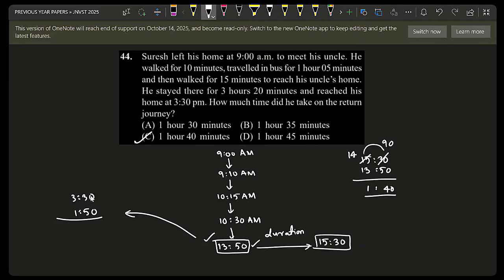From 30 we cannot subtract 50. Take borrow. 1 hour will give 60 minutes. 60 plus 30 will become 90. 90 minus 50 is 40. So this will become 2. 2 minus 1 is 1. Again 1 hour 40 minutes. Either you can do it in 24-hour clock or in AM PM timings in 12-hour clock. Both will get the same answer. So return journey he took 1 hour 40 minutes.